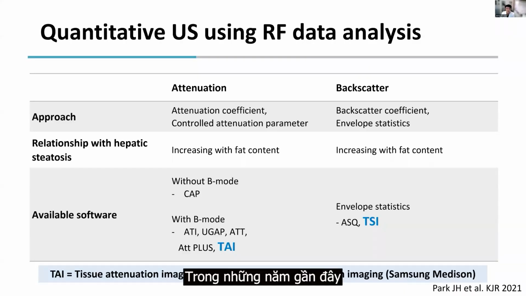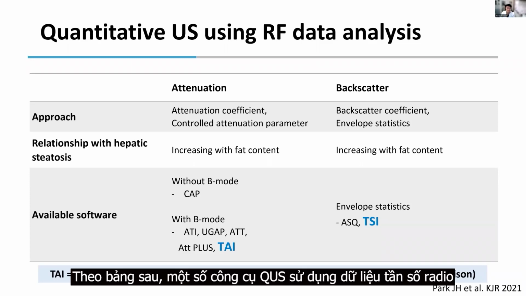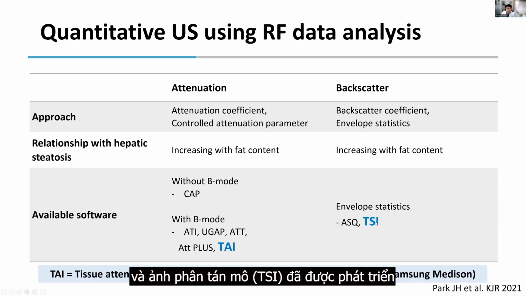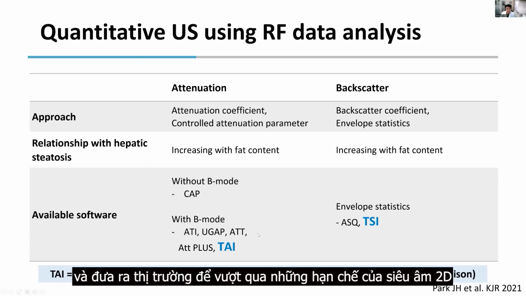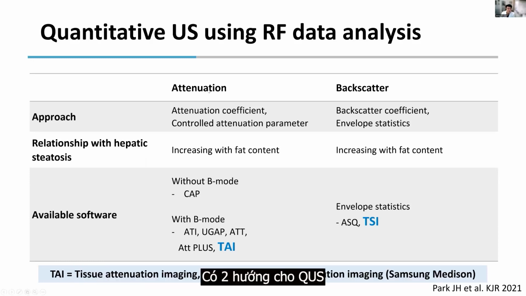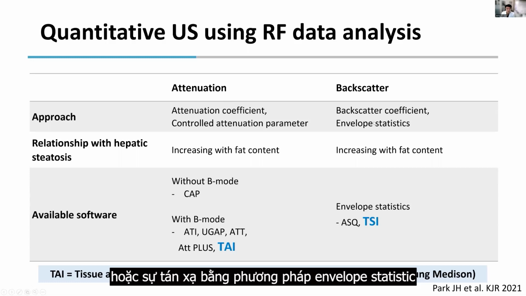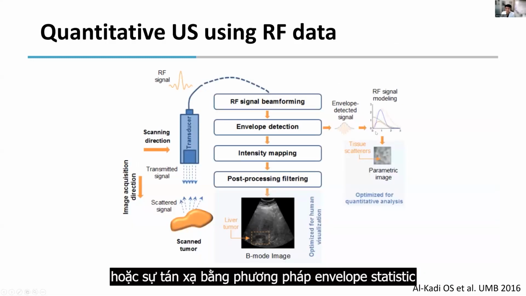In recent years, as you can see in this table, several QUS tools using radiofrequency data, including tissue attenuation imaging, TAI, and tissue scattered distribution imaging, TSI, have been developed and commercialized to overcome the drawbacks of B-mode ultrasound. There are 2 major approaches in QUS, either calculating attenuation of ultrasound or backscatter using envelope statistics.